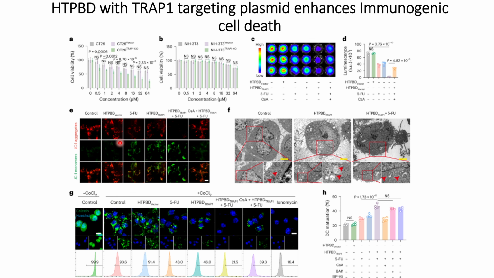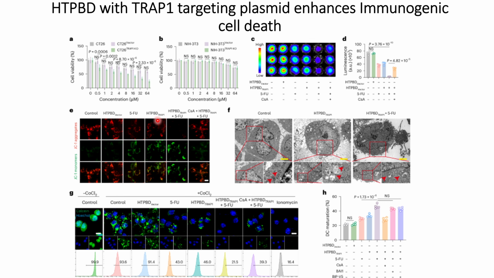In the control case, we can see healthy mitochondria in the tumor cells. For the HTPBD vectors the results are not different compared to the control, but for 5FU we see a slight decrease in the aggregates and a slight increase in the monomer signals.